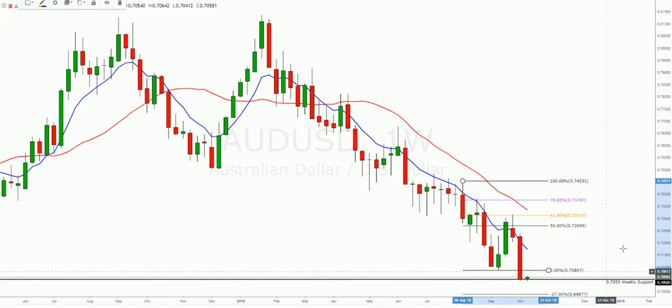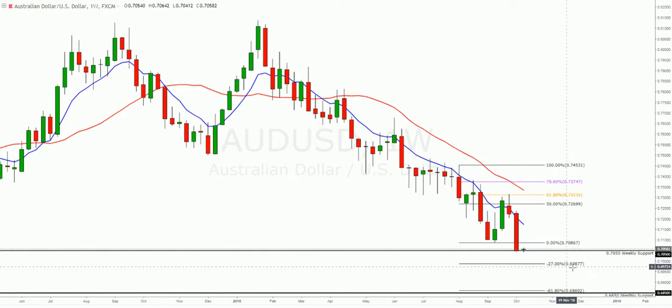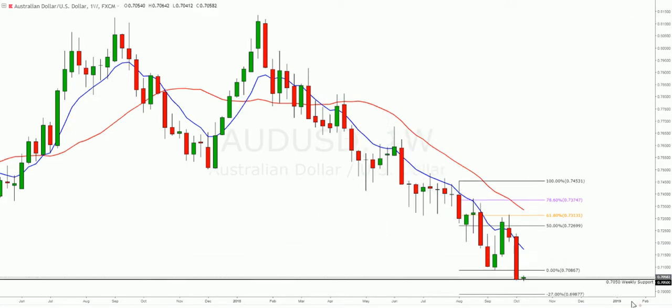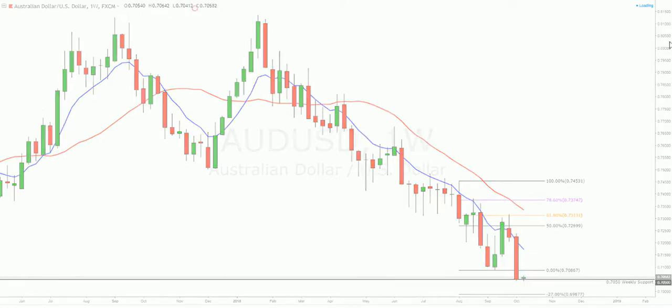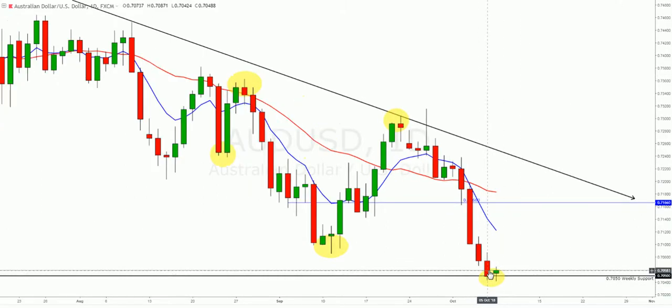We have just caught on that weekly support, but we could be looking at that 6990 region as our first downside target from this point. However, we'll have to look at the smaller time frame to assess what price is actually doing. So you can see that we formed that new low, gapped up slightly from this level, which does confirm this support region.